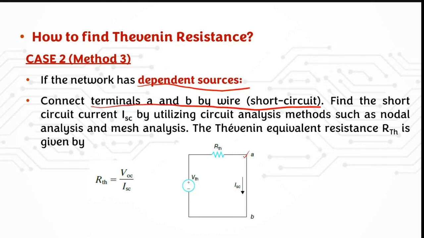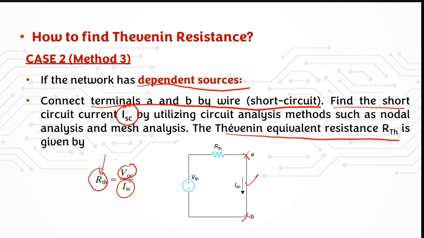Then you need to find the short circuit current, which we put as ISC here, by utilizing circuit analysis methods such as nodal and mesh analysis. You might use nodal or mesh analysis or any other methods. And then you can find that your Thevenin resistance is equal to VOC over ISC.